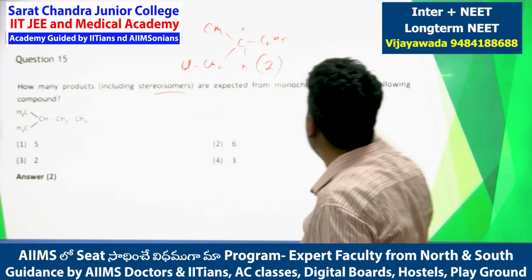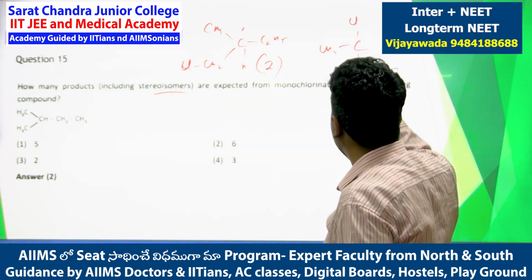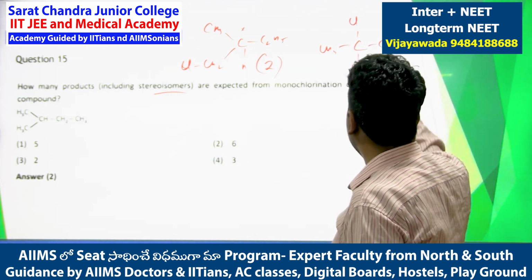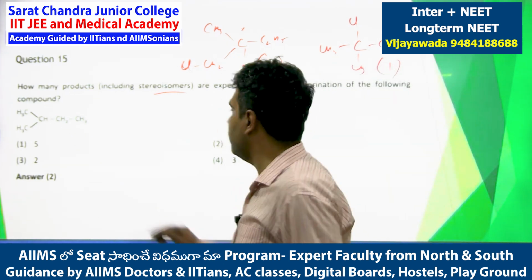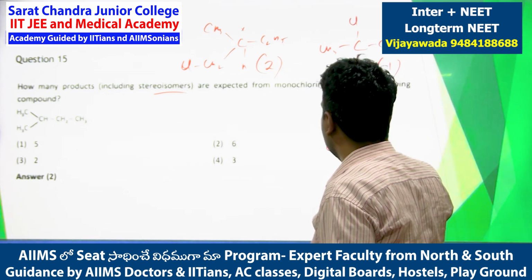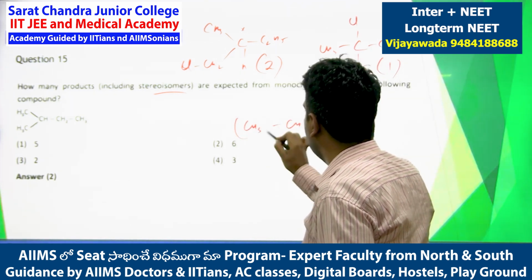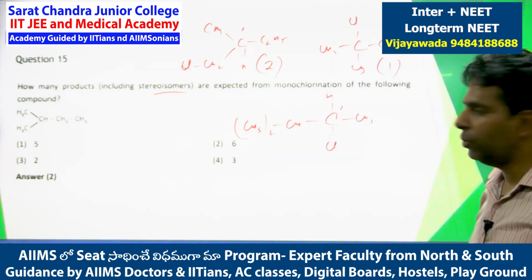Then I am replacing this hydrogen with chlorine. When I am replacing this hydrogen with chlorine, the carbon is not chiral because these 2 are CH3 groups. So this is counted as a single compound. Now I am replacing this hydrogen with chlorine. On replacing this hydrogen with chlorine, this carbon is chiral, it will show 2 optical isomers.